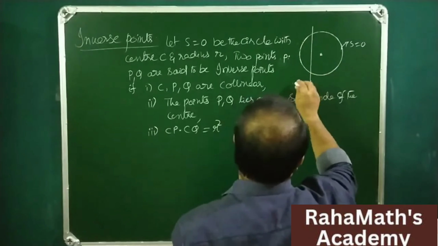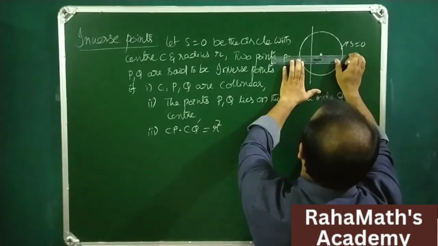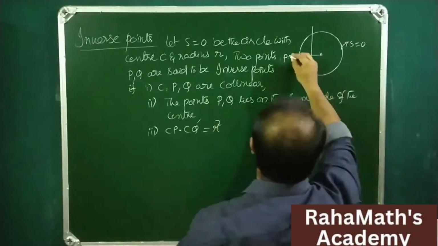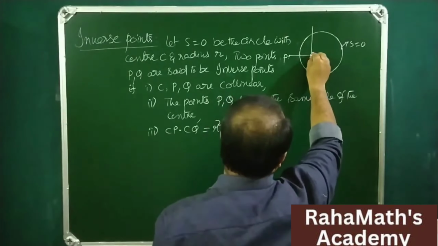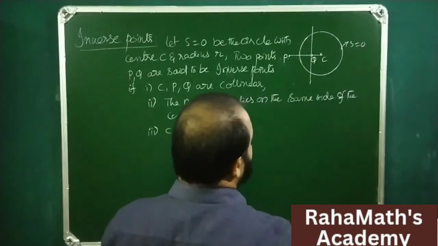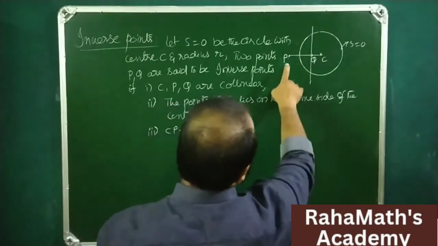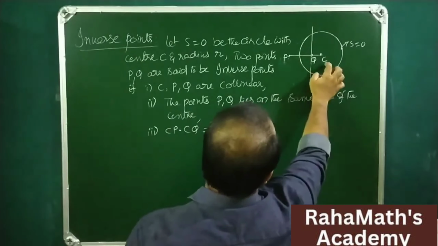If I join this P and C, then this point Q is called the inverse of the point P. Here P, Q are lying on the same side of the center of the circle.